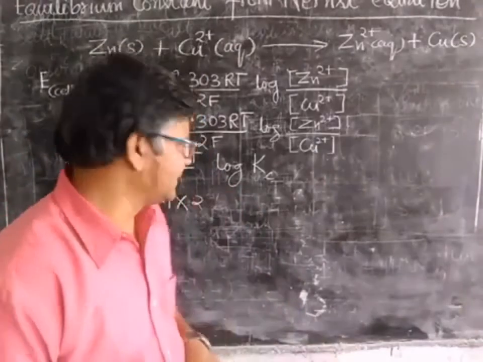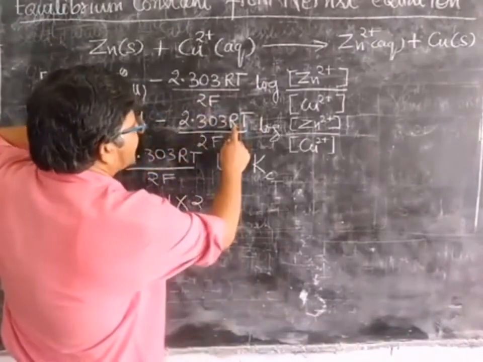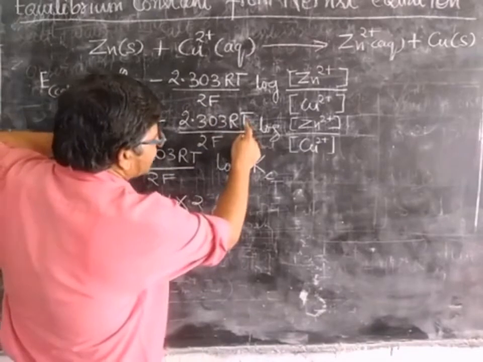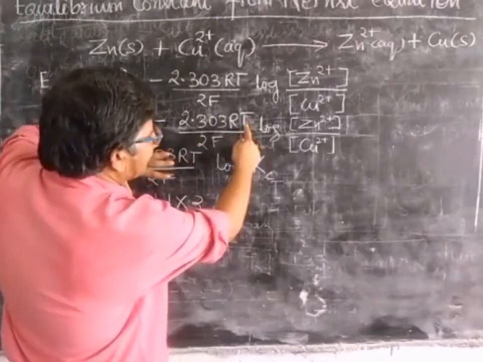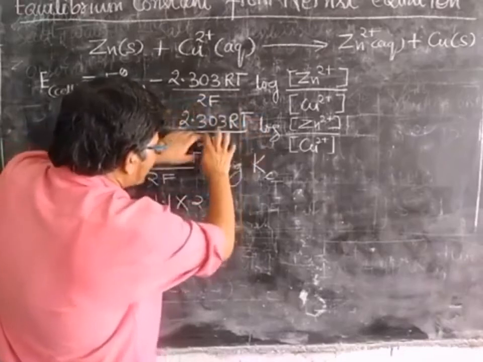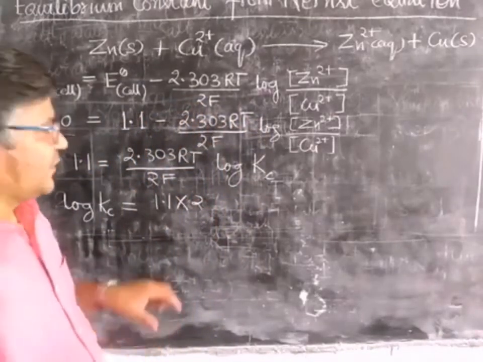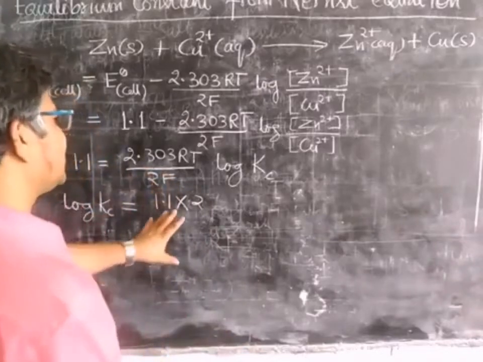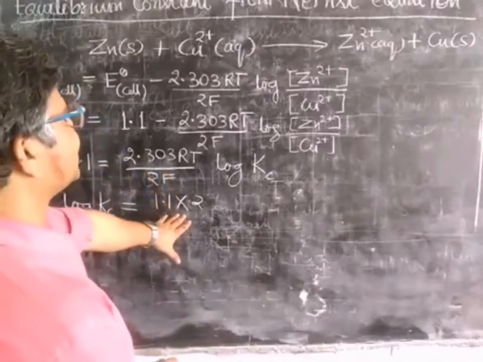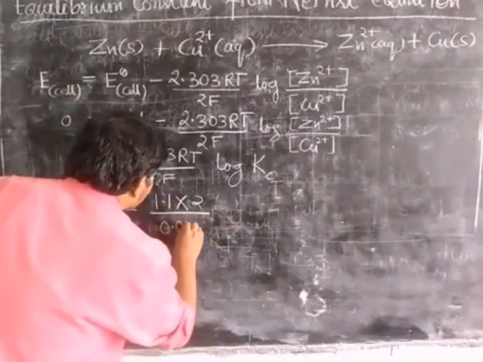We have already seen this value, the value of R is known to us, temperature we are taking 298 Kelvin, 96500 can be placed here for F. So the overall value is 0.059, which can be placed over here. So this equation is going to become divided by 0.059.